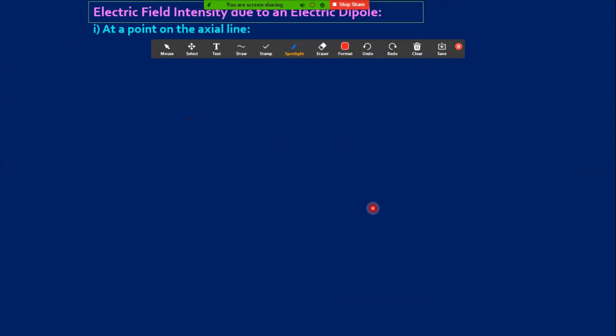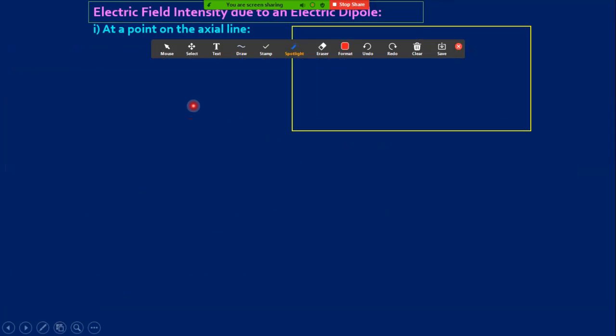Electric field intensity due to an electric dipole, first at a point on the axial line.